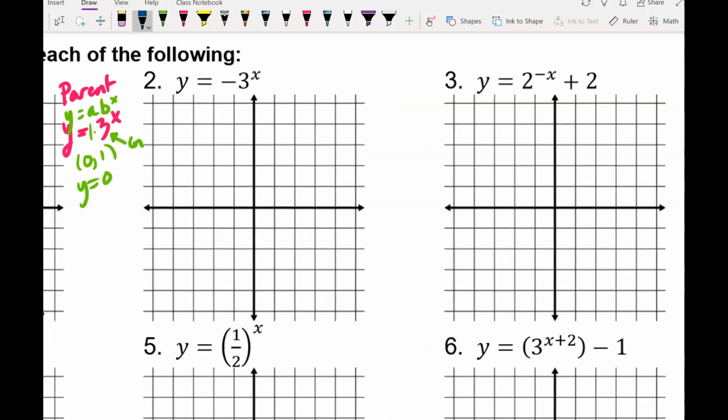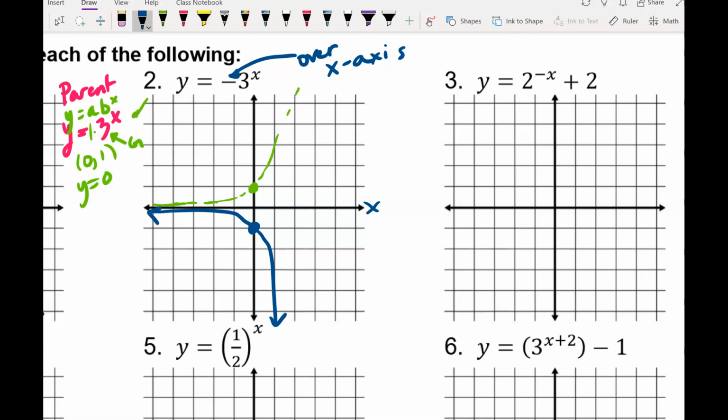Okay, number 2. Number 2 still has the same parent graph over here. So we're going to have 0, 1. It's going to increase exponentially. And then if I'm looking at what does the negative do, well, that's going to flip it over the x-axis. So I'll flip it over the x, and it'll go down like so.